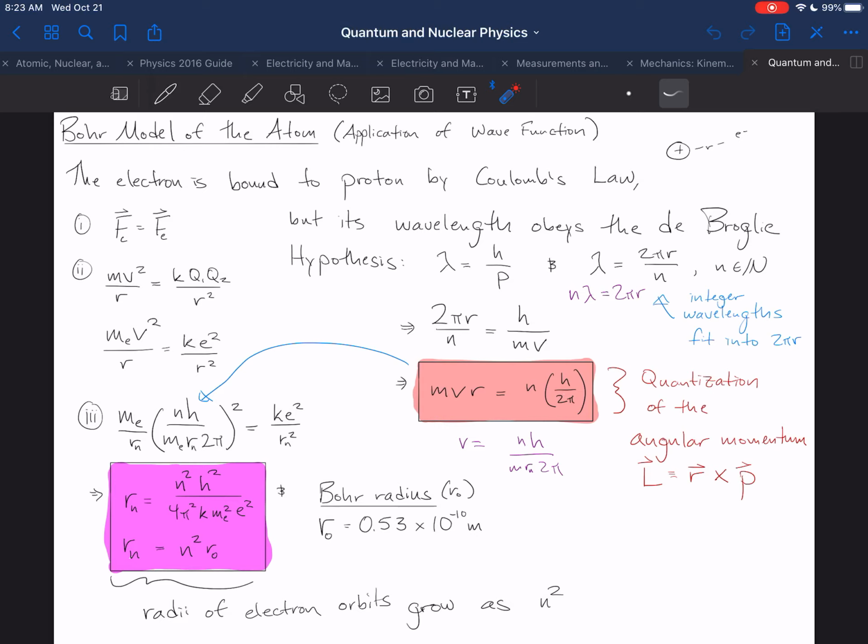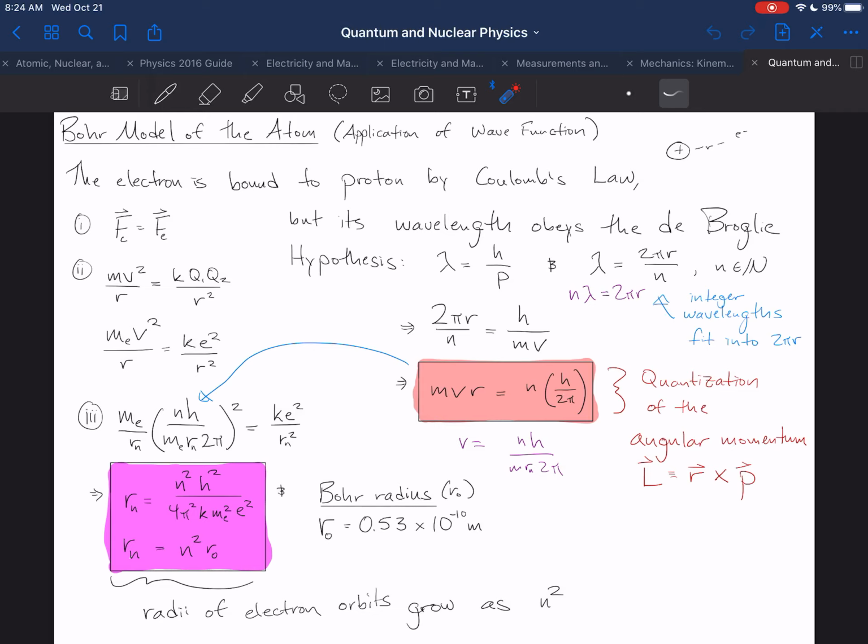We're going to say, well, look, the forces are going to be related just as they are in classical physics. That is, the electric force is providing the total centripetal force for this electron orbiting the proton in uniform circular motion. And we're going to combine that understanding with the understanding given by the wave function itself, which we'll see in a second.